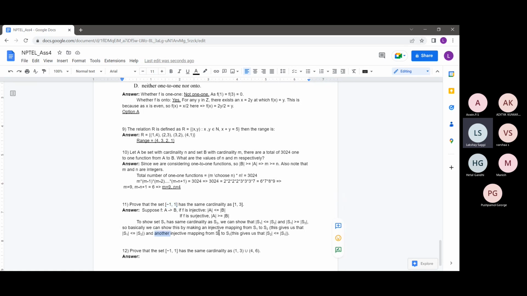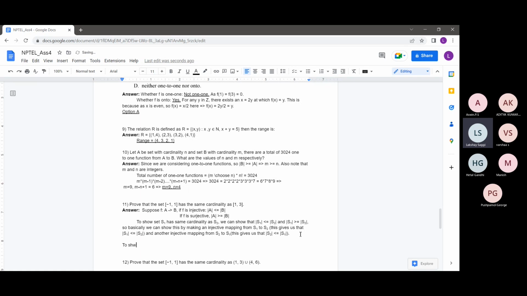If I show another injective mapping from S2 to S1, then S2 is less than or equal to S1. If both hold, then S1 has to be equal to S2, right? So Aditya, the function which you have written is correct.